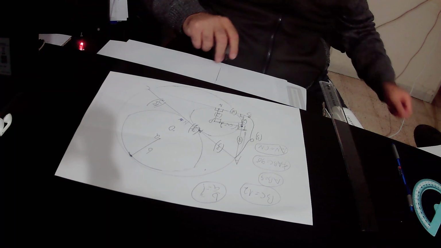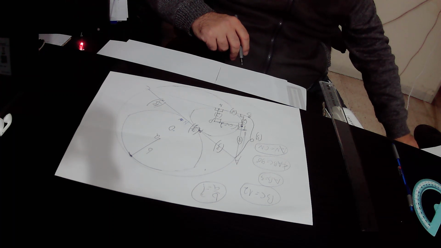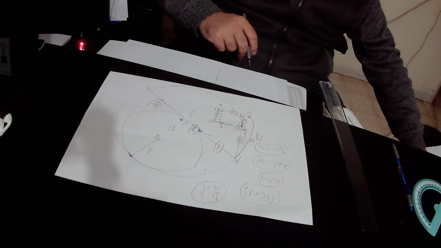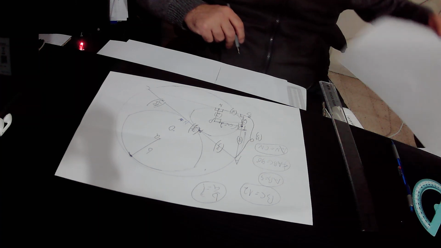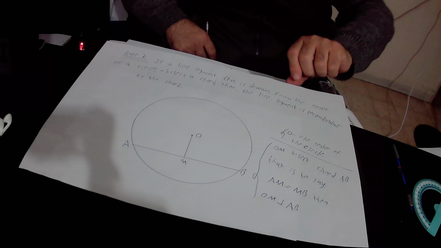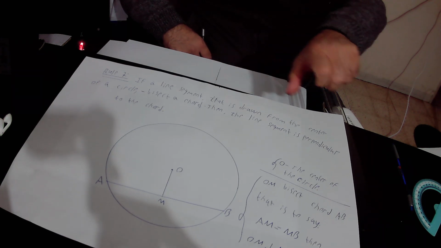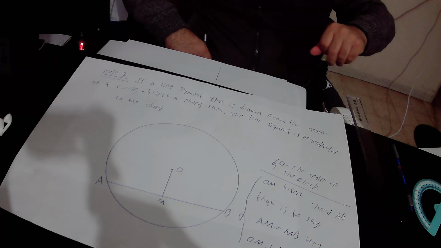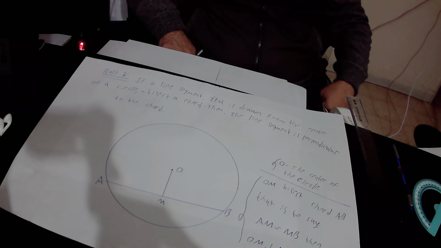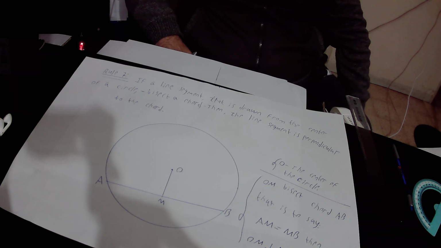According to rule number 7, if a line segment that is drawn from the center of a circle bisects the chord, then the line segment is also perpendicular to the chord.